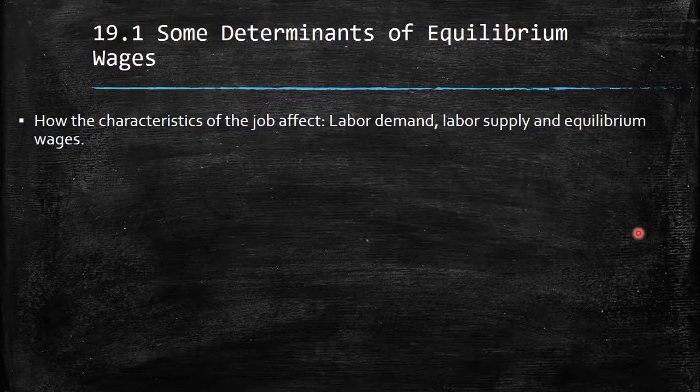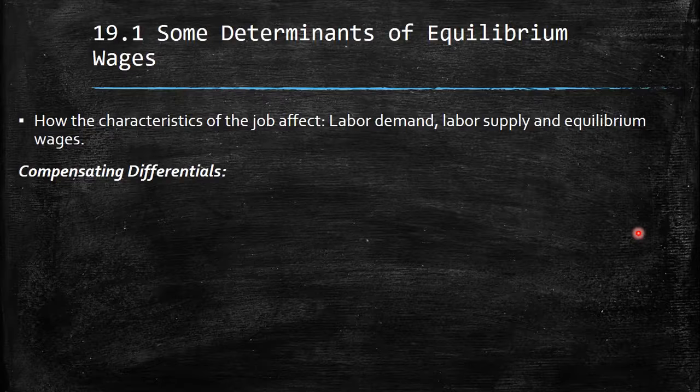Remember, the labor demand is provided by the companies, the supply is provided by the workforce, and with the two forces combined, we will find the equilibrium wage. Then we will find that there are different characteristics inside these equilibrium wages.